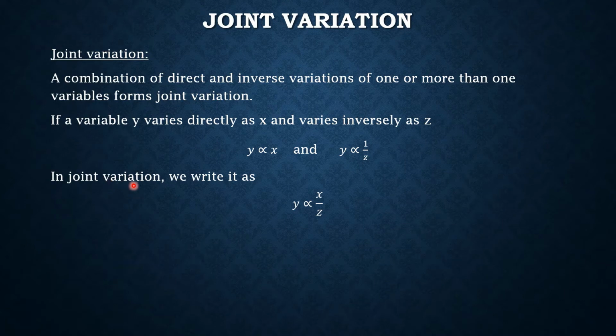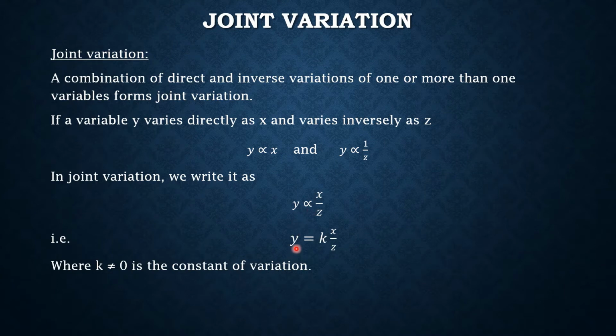In joint variation, we can write the above as y proportional to x over z. That is y equal to k into x over z, where k is not equal to 0 is the constant of variation. Students, notice that we use only one constant of variation in joint variation.